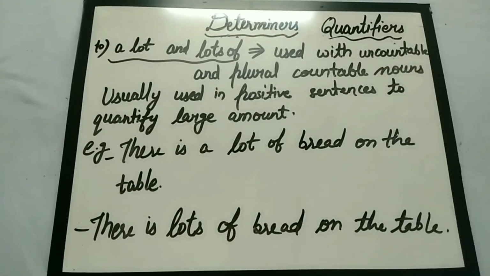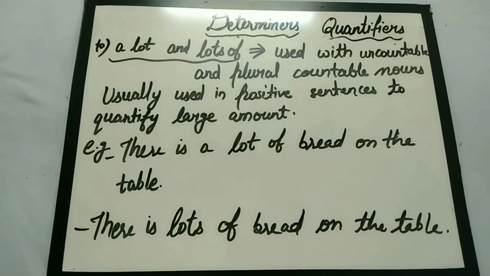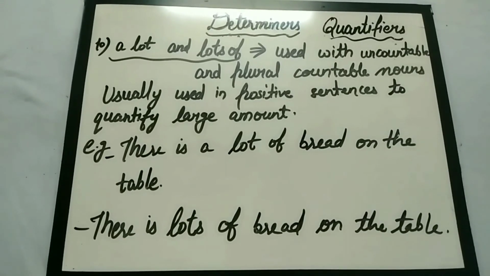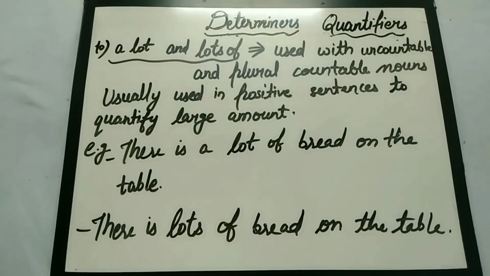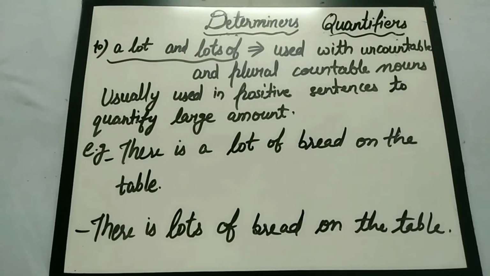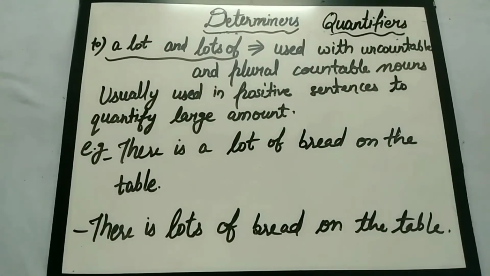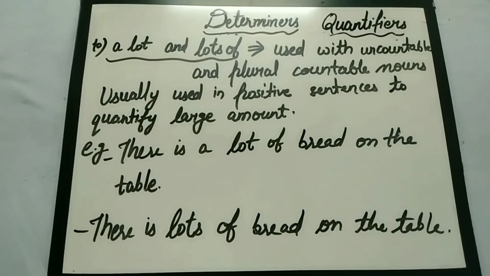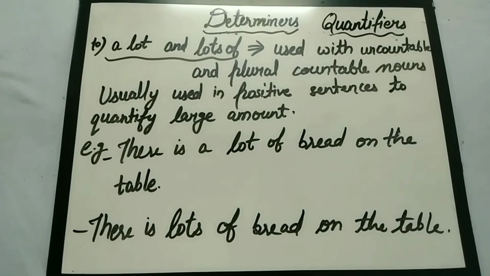This should be very easy for everyone, because they are used with plural countable and uncountable nouns, usually in positive sentences, and like much and many, they are also used to quantify a large amount of something.